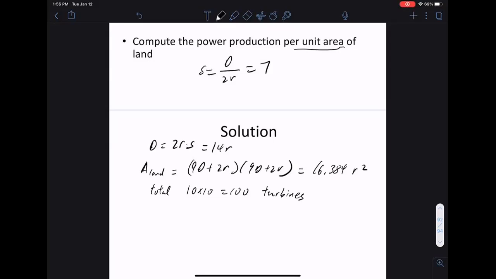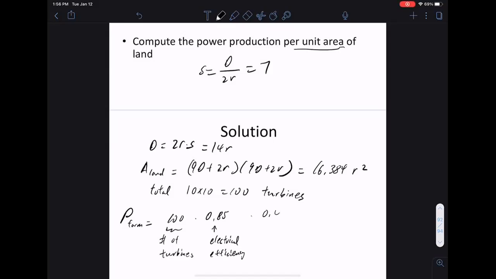So let's look at how much power I generate. The power for the farm is 100, not 1,000, the number of turbines I have, times 0.85, the electrical efficiency, times 0.4, my CP, coefficient of performance, how much power I extract.